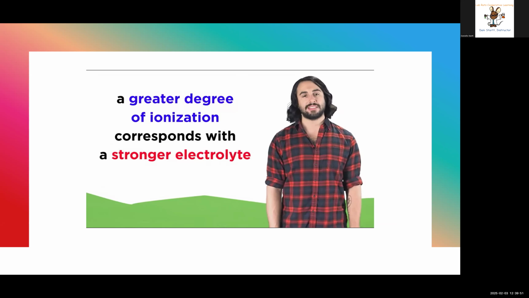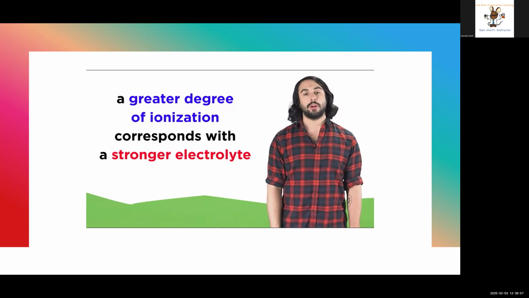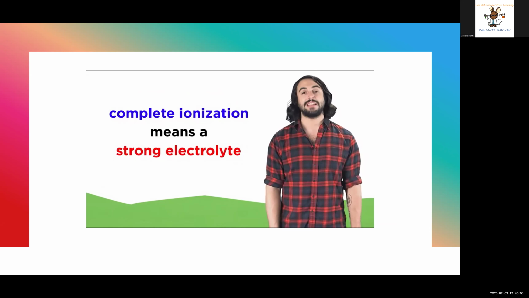The greater the extent to which a substance dissociates, the stronger an electrolyte it is. So as we look at different types of electrolytes, we will be focusing on the efficiency of the dissociation. If a substance completely dissociates in solution, it is a strong electrolyte and will conduct electricity very well.